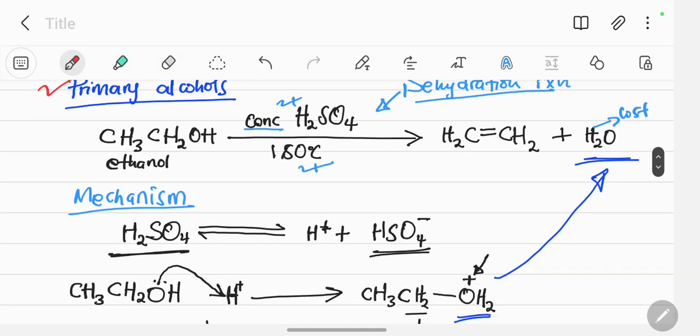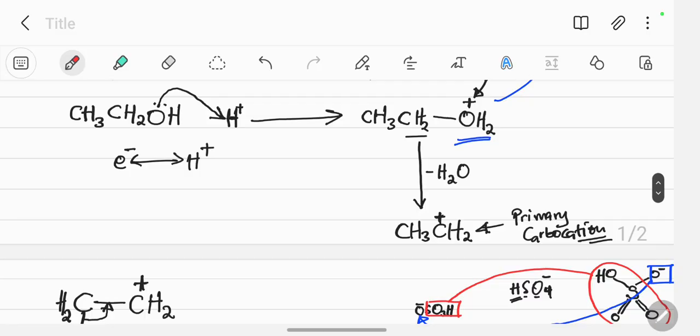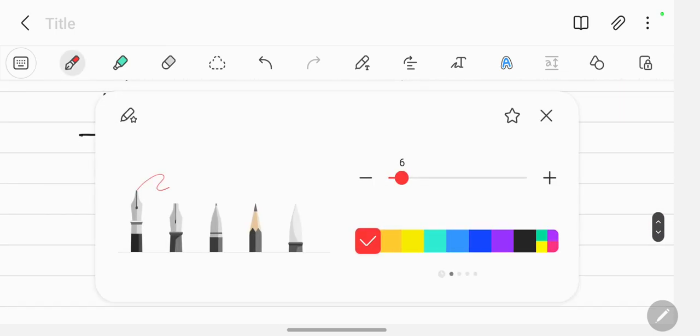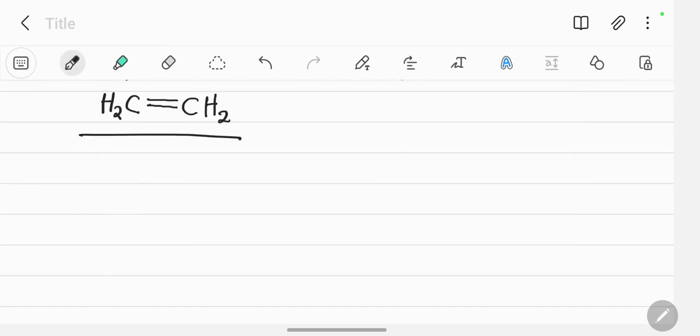Then I move on to another kind of alcohol. You can be given some intimidating structure in the question. They will tell you maybe synthesize an alkene from such an alcohol.